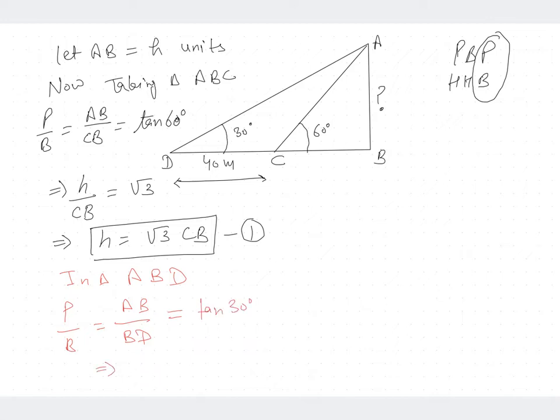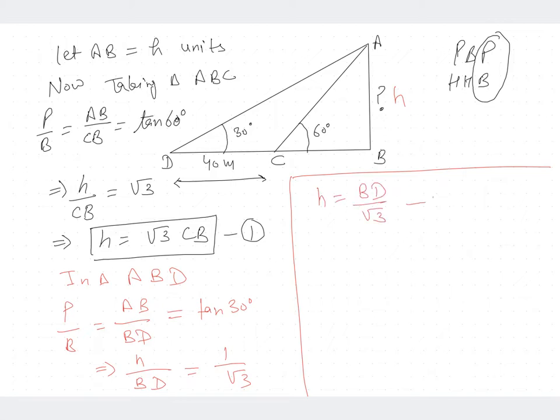From here we come to know AB is again H upon BD. Tangent 30 degree is what? 1 upon root 3. So from here we come to know H is equal to BD upon root 3. This is equation number 2.